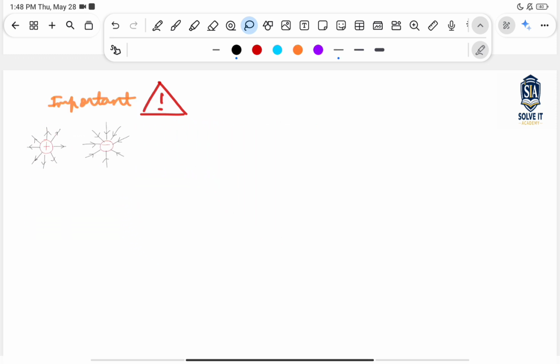Now I am taking the positive-negative configuration. If I am taking a positive charge here and a negative charge here, then what about the electric field lines? In the positive-negative configuration, the electric field lines will move like this.